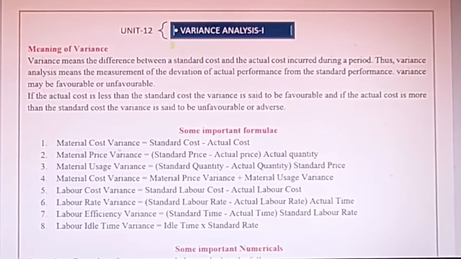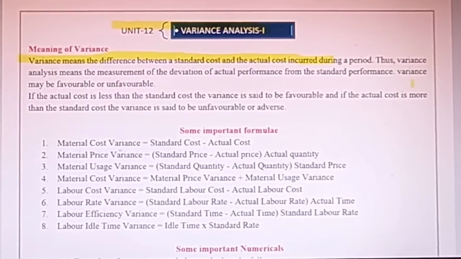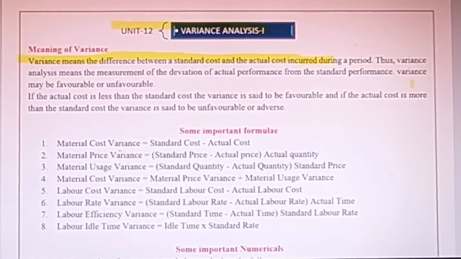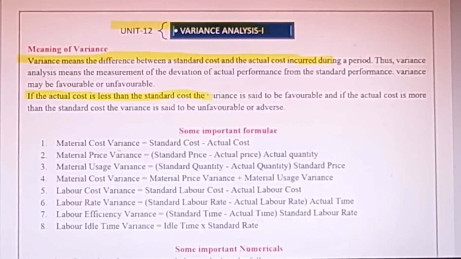This is unit 12, variance analysis. Variance means the difference between the standard cost and actual cost incurred during a given period. Variance means difference in common parlance, and it may be favorable or unfavorable.